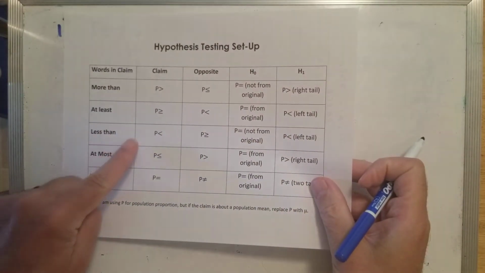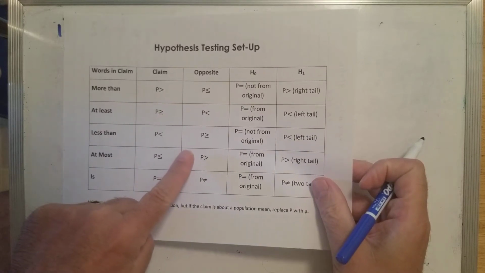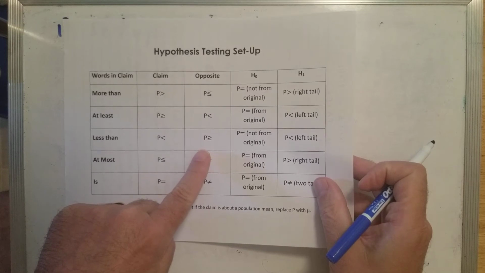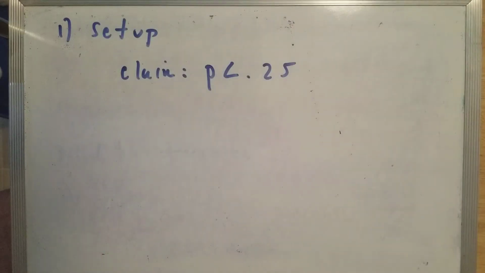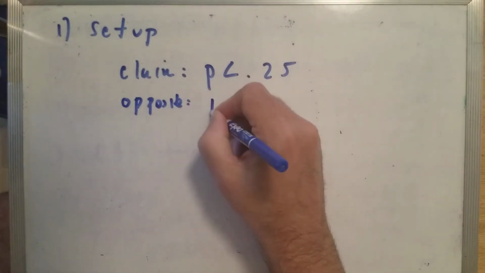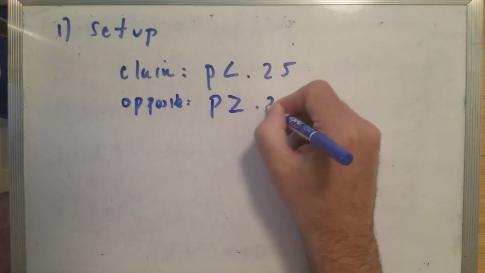Now looking at the chart again, I'm just going to read across this column to put the elements of the setup in. So the opposite of the claim is P is greater than or equal to 0.25.